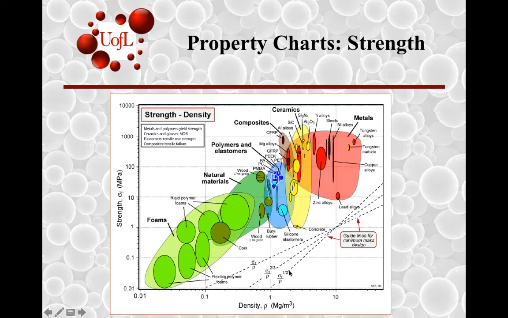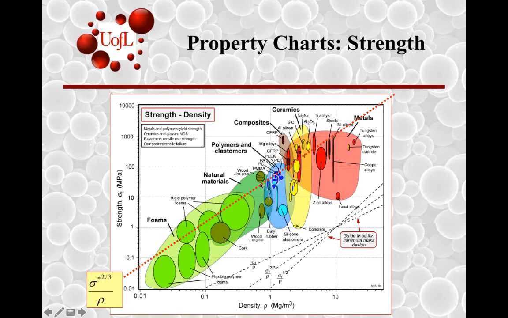And you have these different guidelines for minimum mass design depending upon whether it's a tie rod, whether it's a column, whether it's a plane. So let's take the case where the slope is 2 over 3.